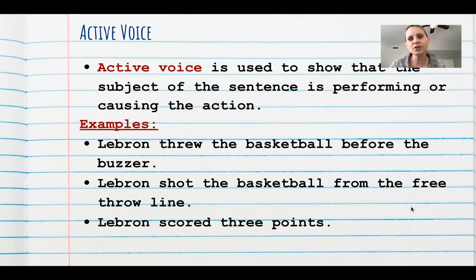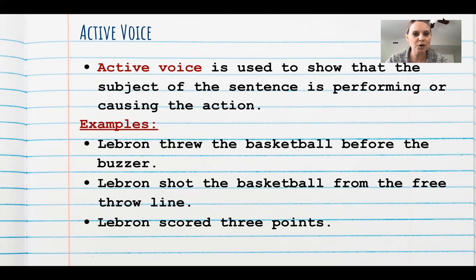Active voice is used to show that the subject of the sentence is performing or causing the action. So I would say that active voice is more subject focused. Here are some examples with LeBron James at the forefront. LeBron threw the basketball before the buzzer. So LeBron is the subject, threw is the verb.